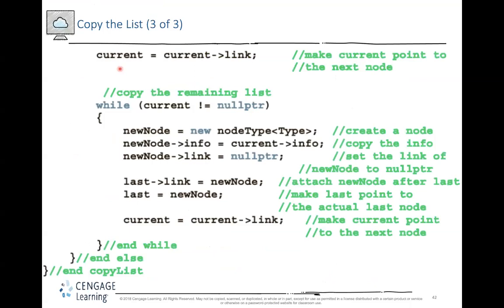Now we're going to move on to the next one by updating the current pointer to the current's link. Now remember, current is pointing to the other list's first node. So this is going to give us the next node.